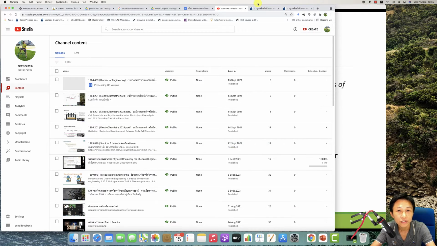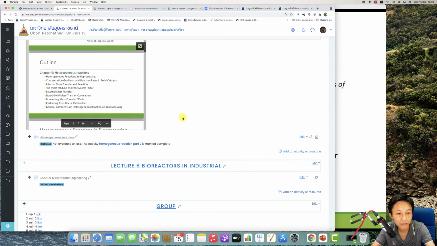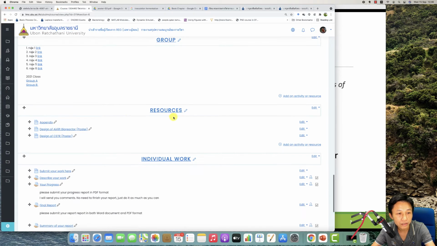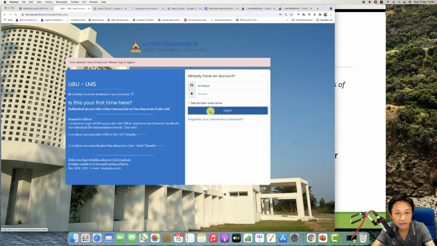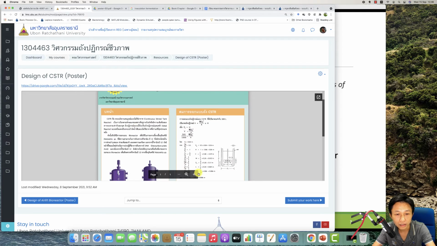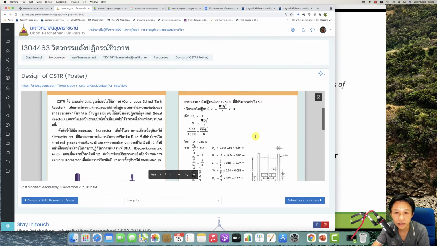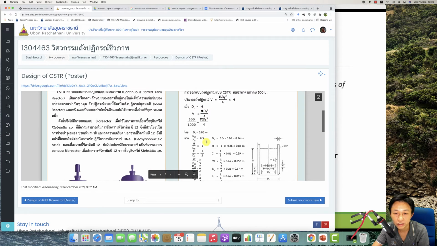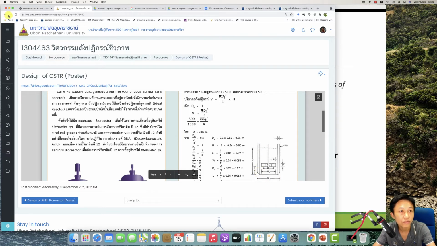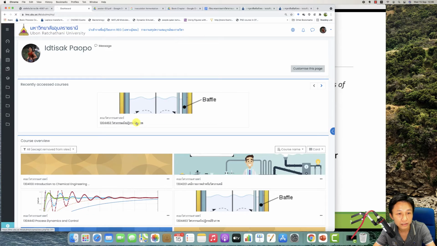If we look at our course, I have a summary of what this is, just an example like CSTR, how we are going to decide it. This one is a rule of thumb, so it's dimensions from D and H. D is this one, H is height, for example, for CSTR, and the other things.